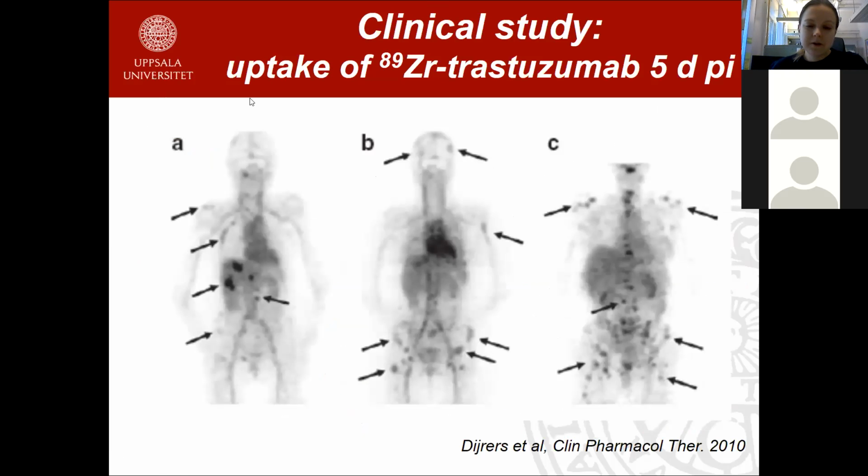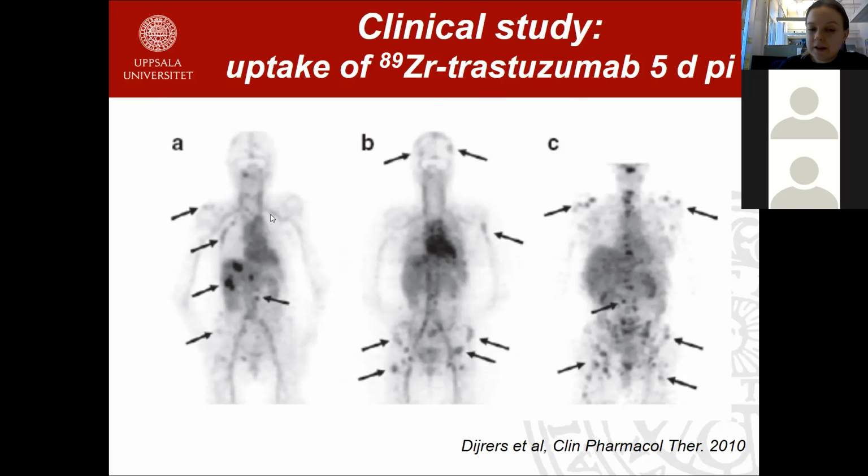So in this example, you can see imaging of a patient with HER2 expressing metastasis, using trastuzumab, a monoclonal antibody that targets the HER2 receptor, labeled with zirconium-89 with the chelator DFO. And these are images 5 days post-injection.